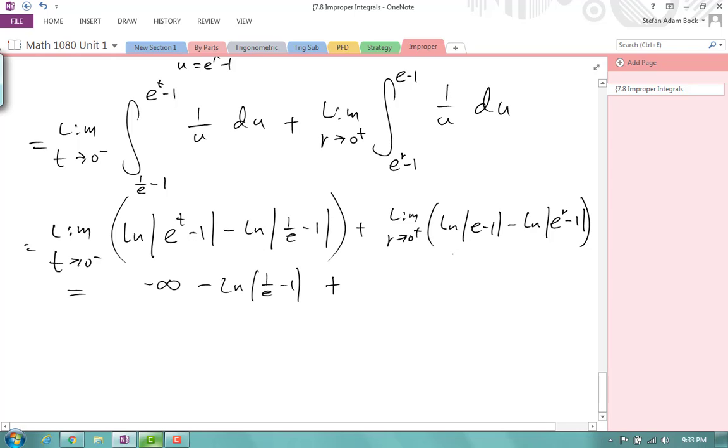Plus, what did I get from this other one? I got the natural log of e minus 1, some number, minus, well, I had the same thing here, infinity. Both of these are divergent.